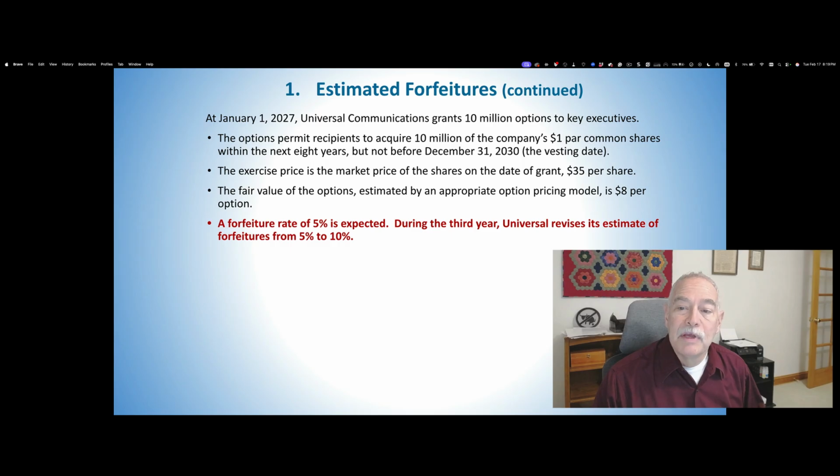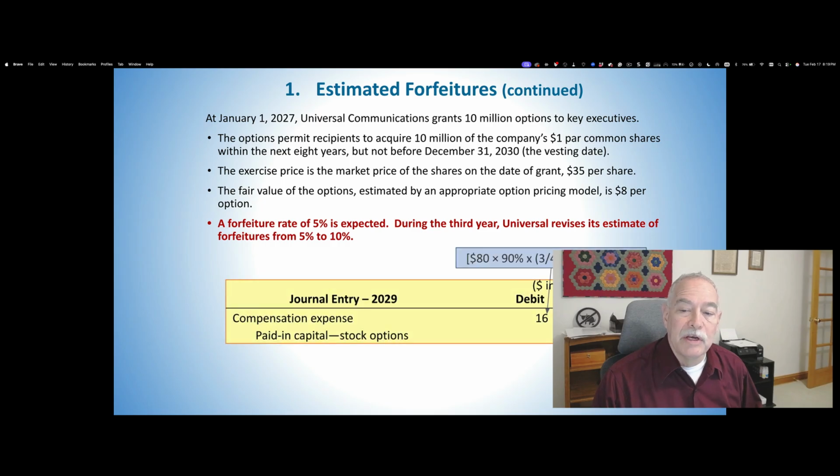Now what happens if in the third year, Universal revises its estimate of forfeitures from 5 to 10%. Now our total compensation is going to be 80 million times 90%, and that's going to be 72 million. And by the end of the third year, we should have recognized 3/4 of that.